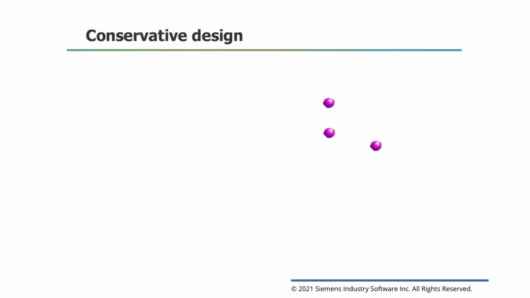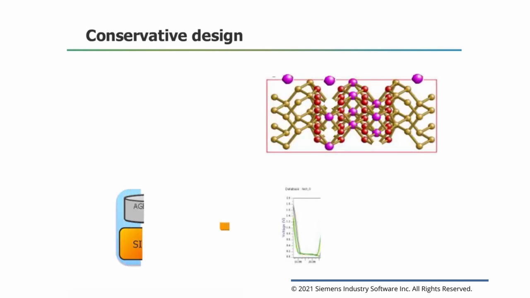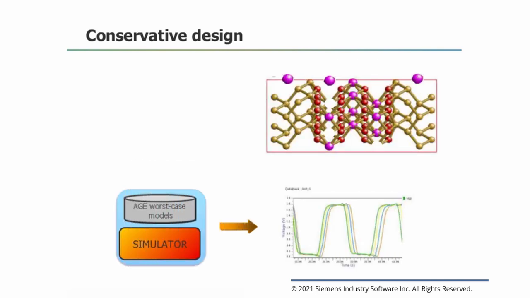Assuming that do nothing and hope is not a viable solution, and you do want to take into account degradation due to HCI and NBTI at the design level, you may choose a conservative design approach. That means that all devices are considered to have much worse threshold voltage and mobility, and make sure that the design still functions.